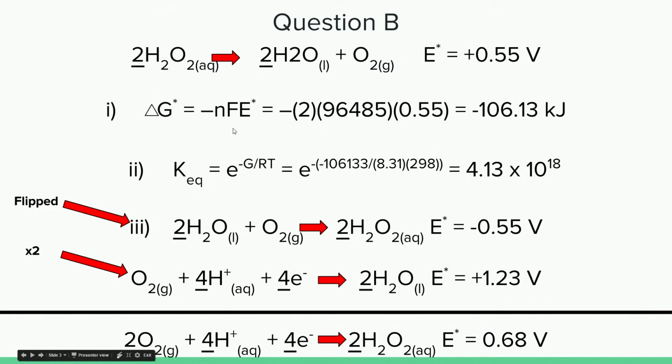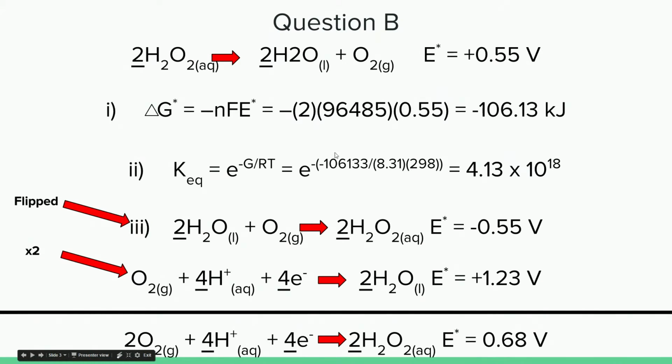If we plug in some values, n is equal to 2, F is Faraday's constant, which is 96,485, and the E degrees, which was given to us, is 0.55. If you multiply all of those together and divide by 1,000, because this is in joules, you get negative 106.13 kilojoules.